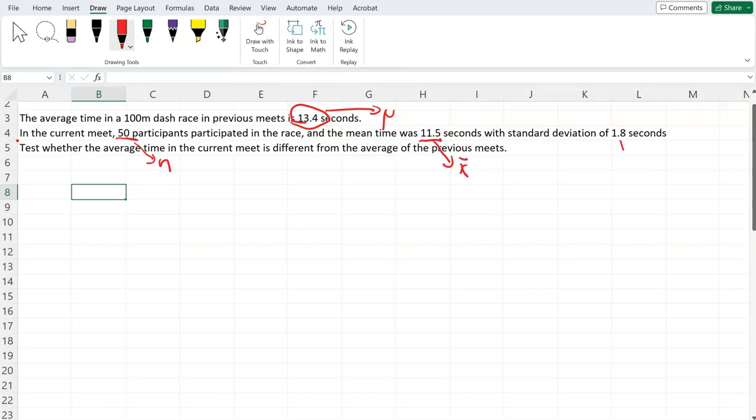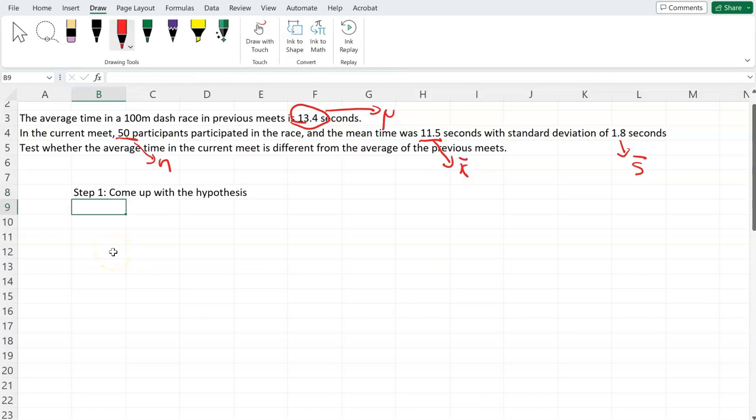And I have a standard deviation, which is my s. Now we have to test if the average time is different from the population mean. So in this case, step 1, let's come up with the hypothesis.